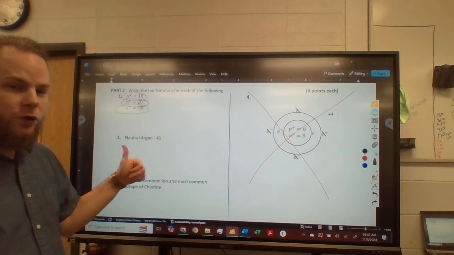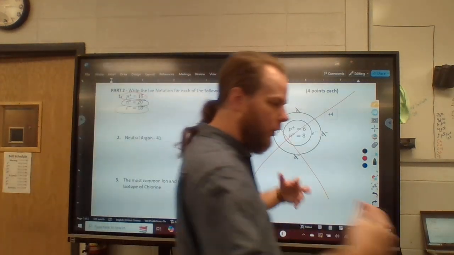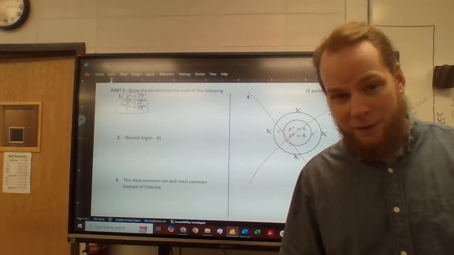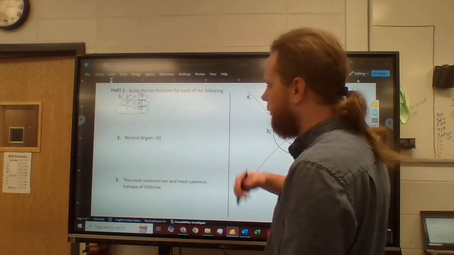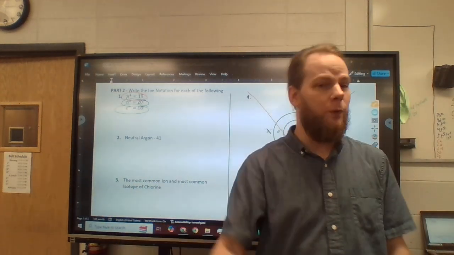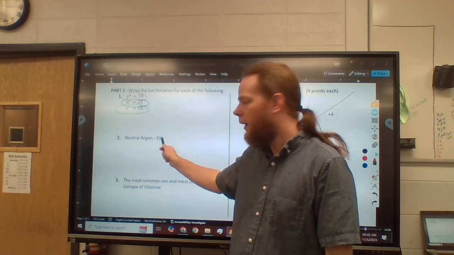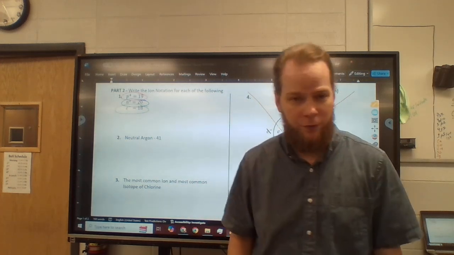On question 2, you're told that it is a neutral argon-41. Well, you have to figure out the number of protons, neutrons, and electrons. We're going to start with protons. There are 3 pieces of information in this question: neutral, argon, and 41. One of those 3 tells you the number of protons.